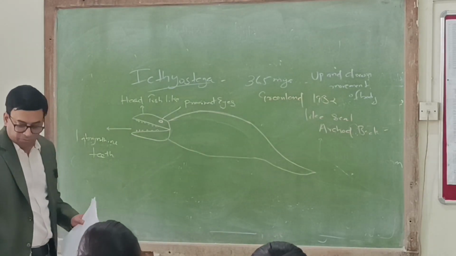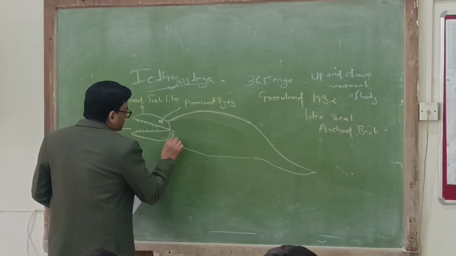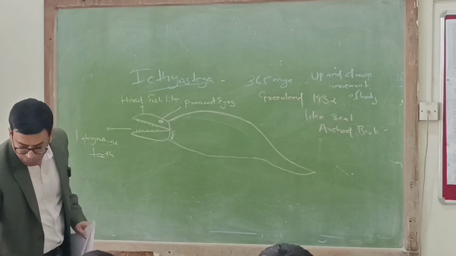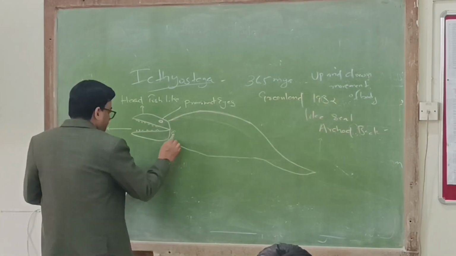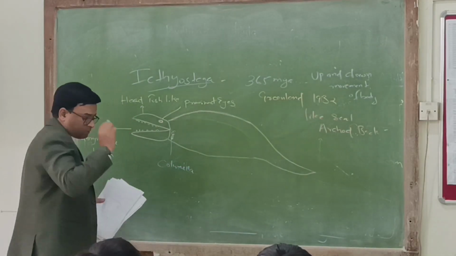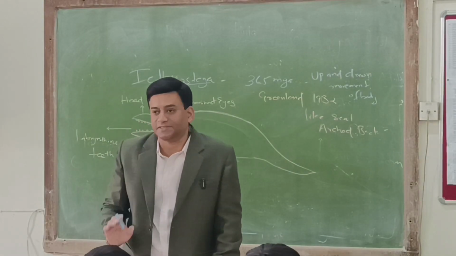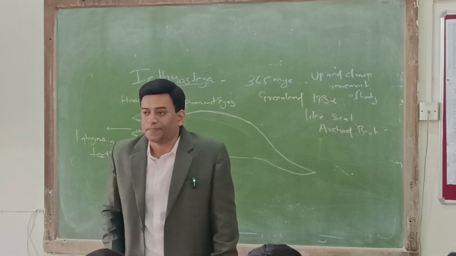Now here you will find the columella. What is columella? Do you know what is columella? Try to grasp the concept. We know that fishes have fins, fishes have gills.